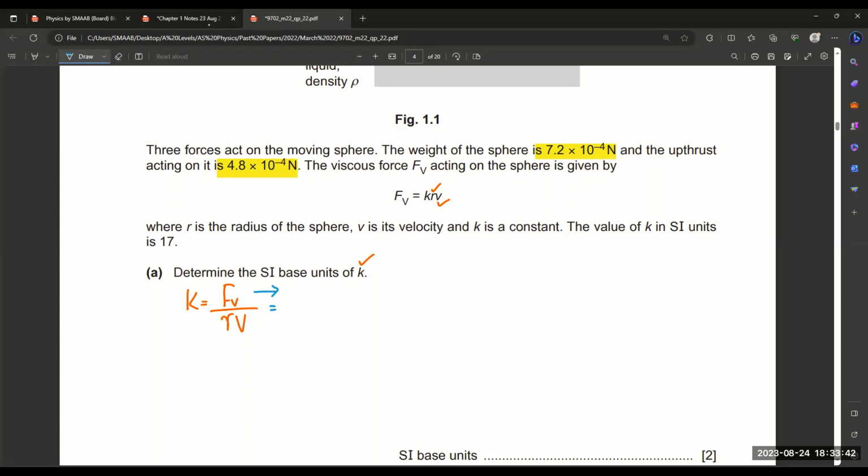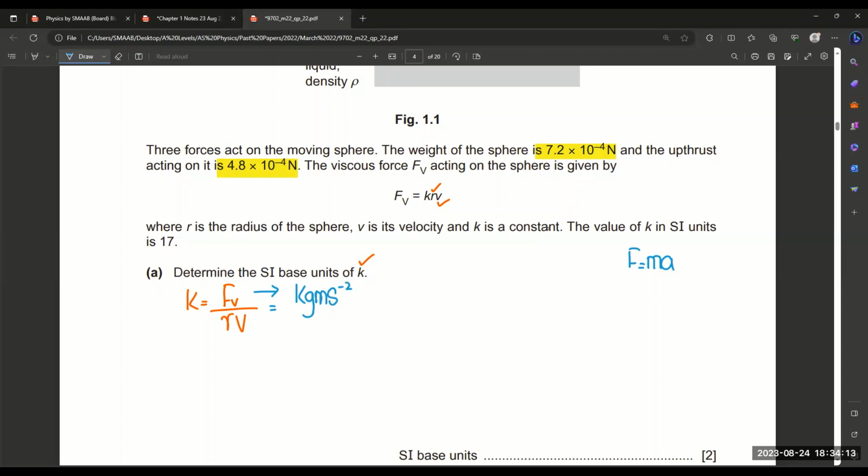If you find it difficult, you may just compare it with F equals ma. So it's going to be kg meter per second square, divided by the radius, which is in meters, and the velocity, which is also in meters per second.